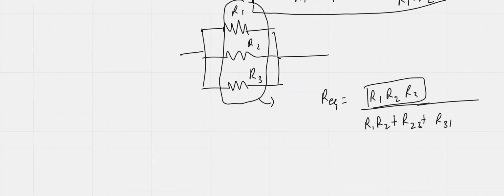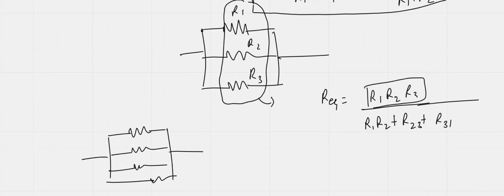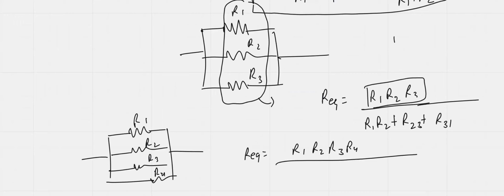Now if I ask you, Kirtana, assume you have four resistors in parallel: R1, R2, R3, and R4. By using the same formula, it's an easier method. If you get the pattern of this, you don't even need to do one by R equivalent. You can directly go this way.